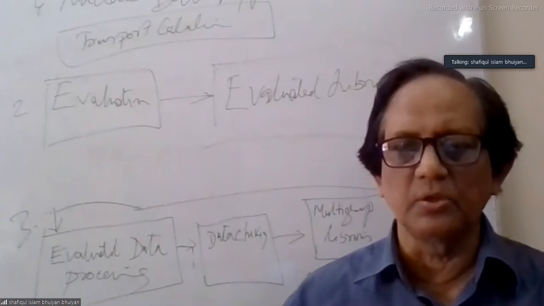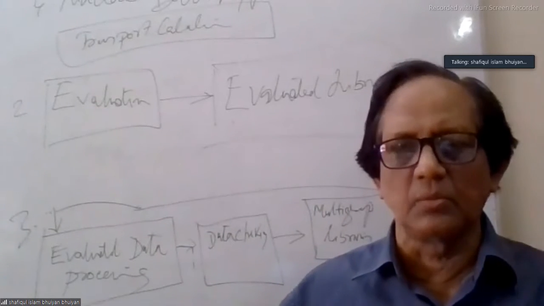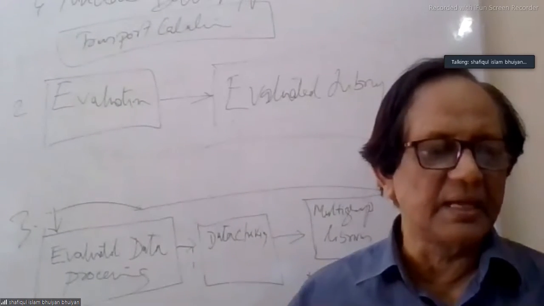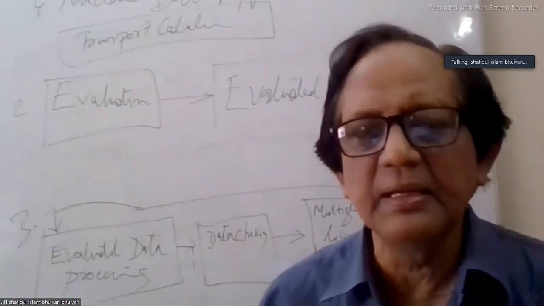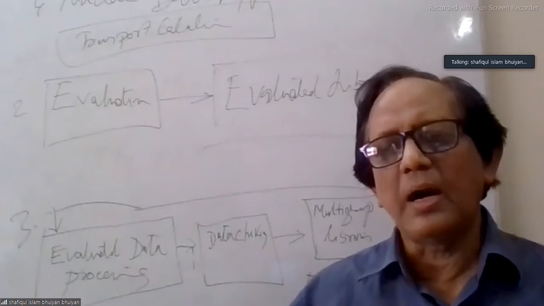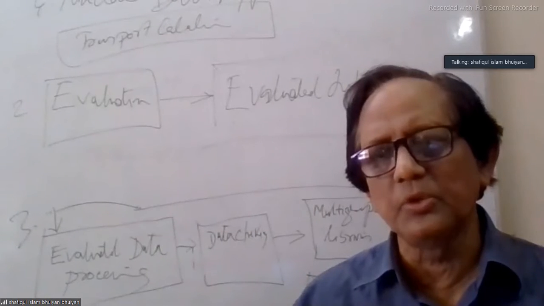And you remember that the most experienced people in the world, in the industry, do this. And we get the multi-group library. And once we get the multi-group library, why will we be using this?